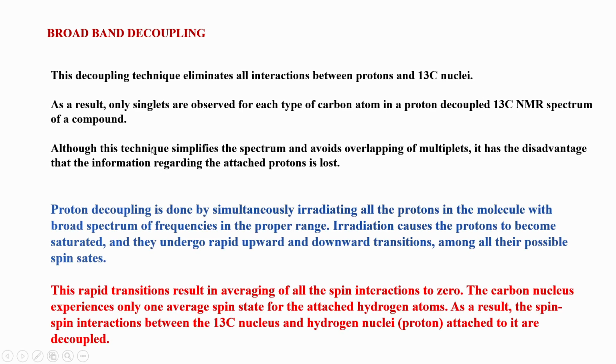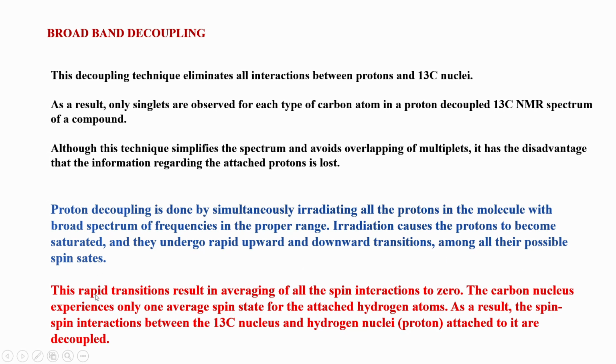Okay, proton decoupling is done by simultaneously irradiating all the protons in the molecule with broad spectrum frequencies in the proper range. Irradiation causes the protons to become saturated, and they undergo rapid upward and downward transitions among all their possible spin states.